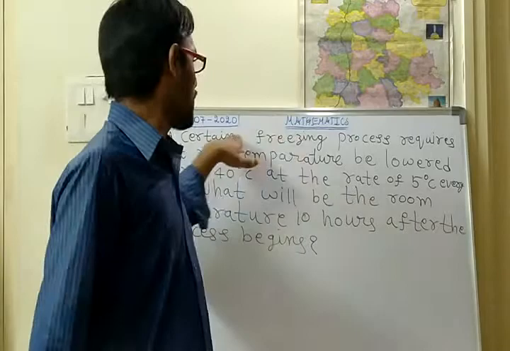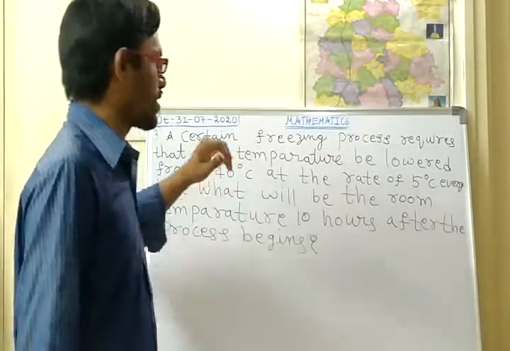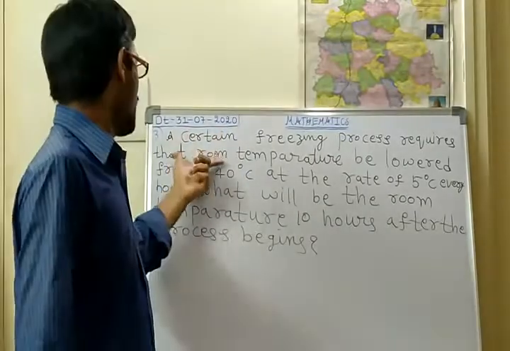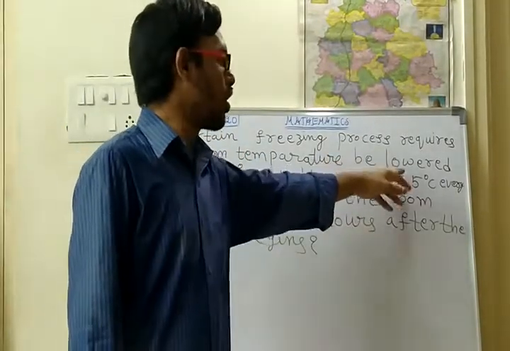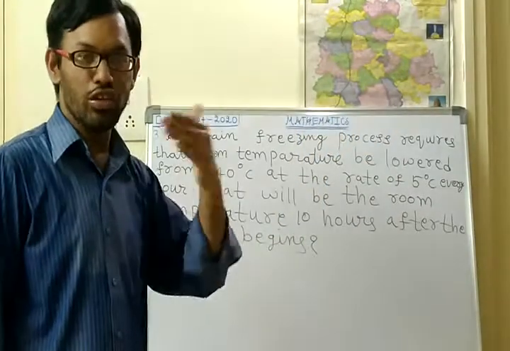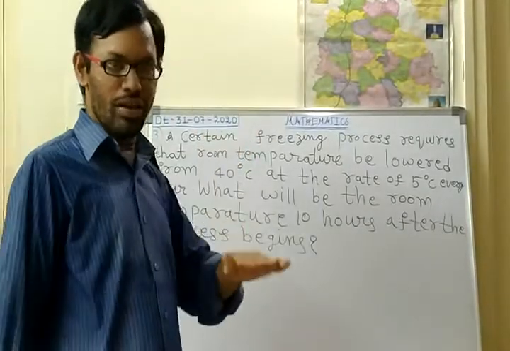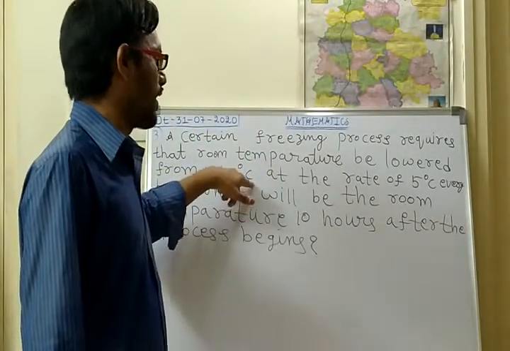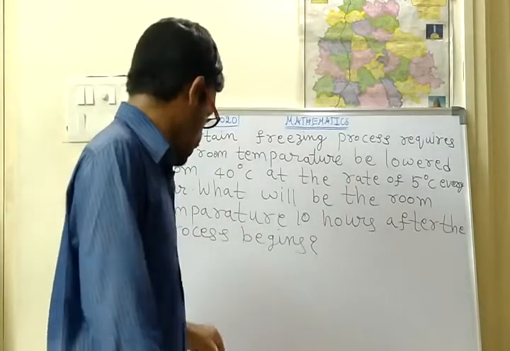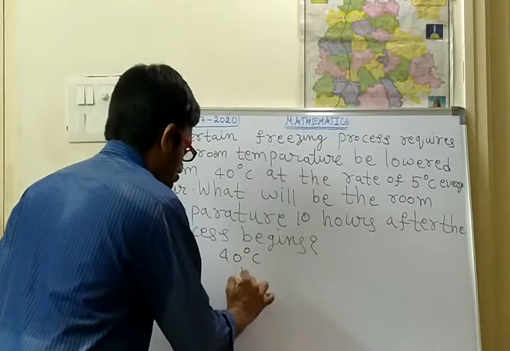So in a certain freezing process, one of the cooling processes requires that room temperature be lowered. Lowered means reduced, to decrease from 40 degrees centigrade. Starting from 40 degrees centigrade, it wants to be decreased.